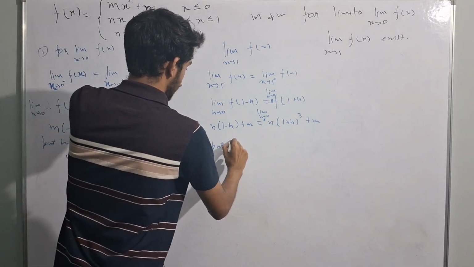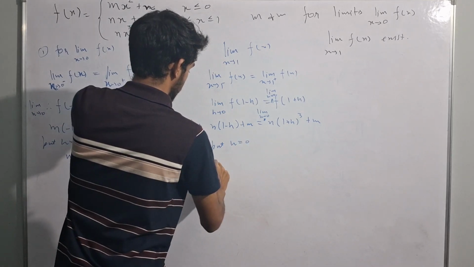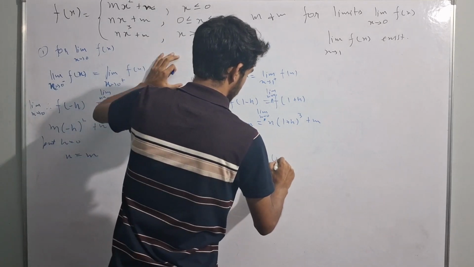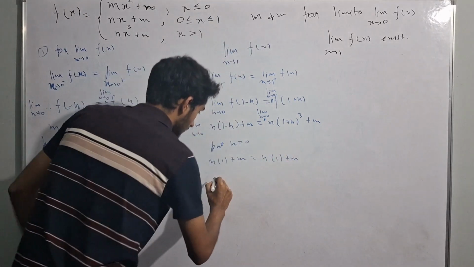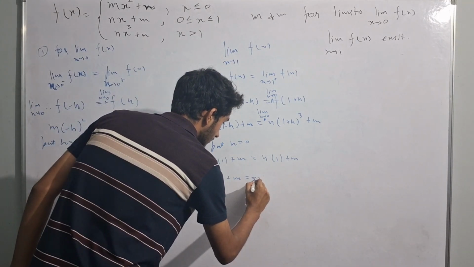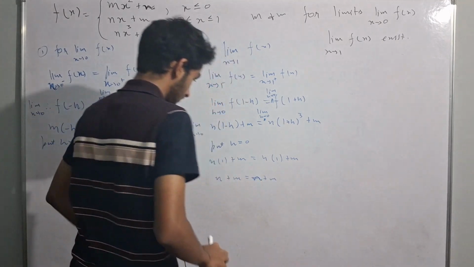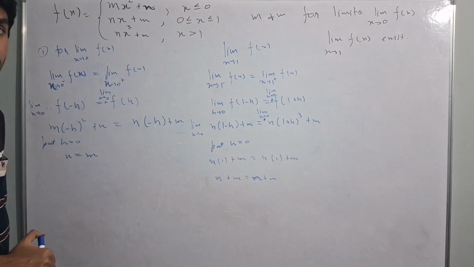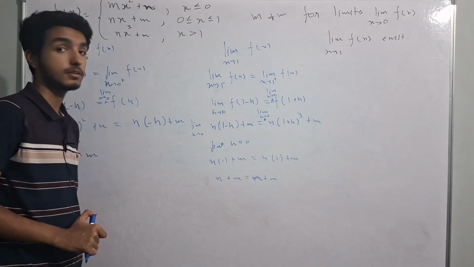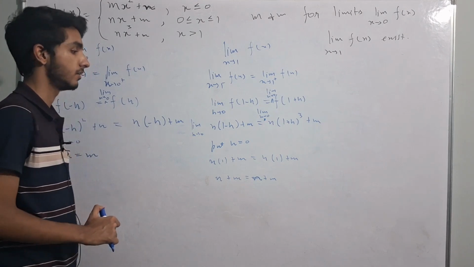So put h is equal to 0, we get n into 1 plus m is equal to n into 1 plus m. So we get the equation as n plus m is equal to n plus m, which is going to satisfy every single value for n and m.